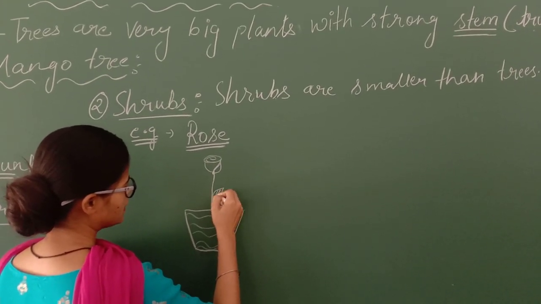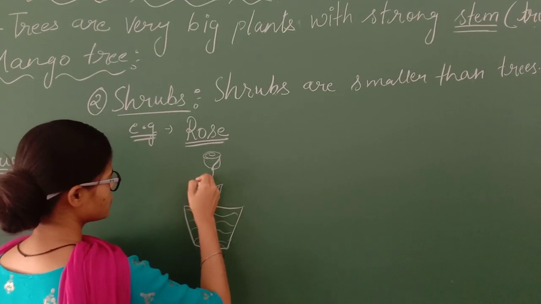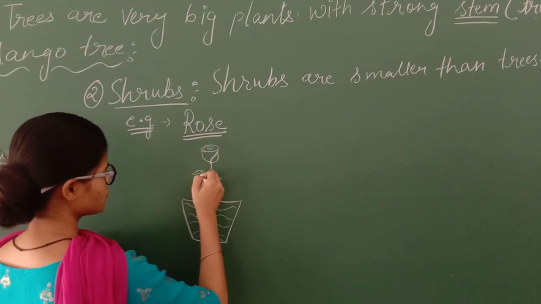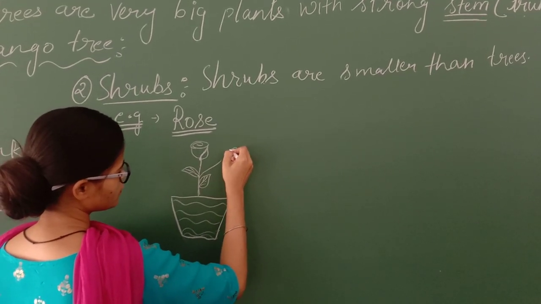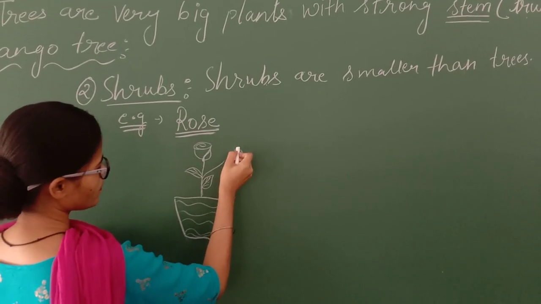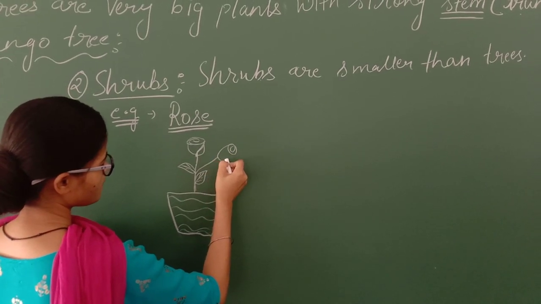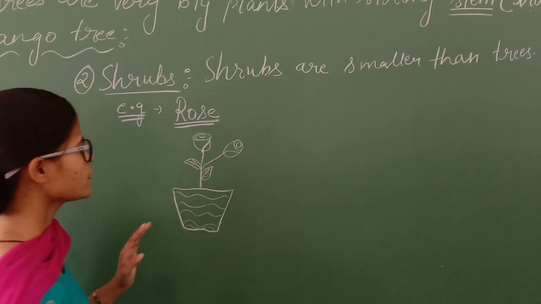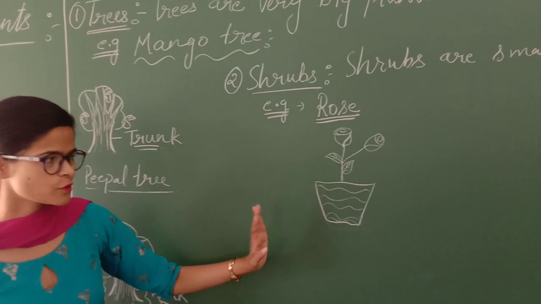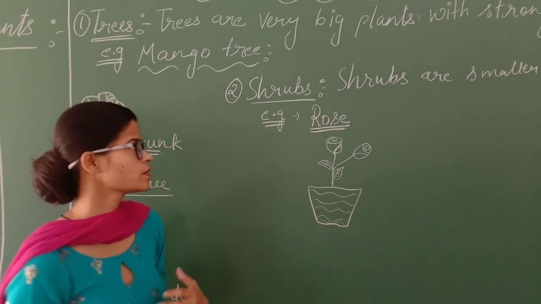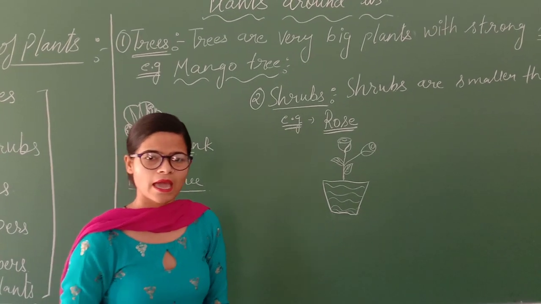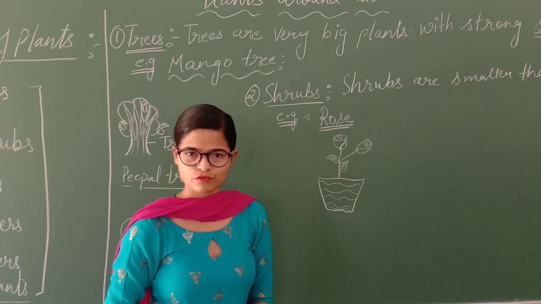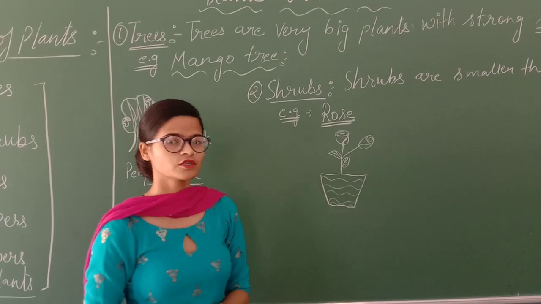These are the leaves. So this is the rose plant, and you can draw more shrub plants like the tea plant. You have tulsi also. Tulsi also comes under shrub plants.